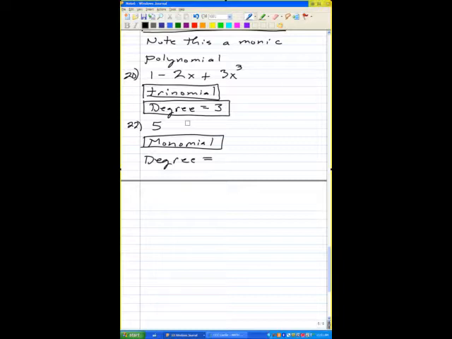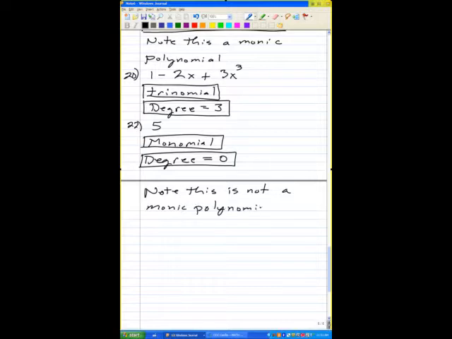There is none. Therefore, I say that the degree of this polynomial is 0. So it's a monomial, but it's not a monic polynomial.